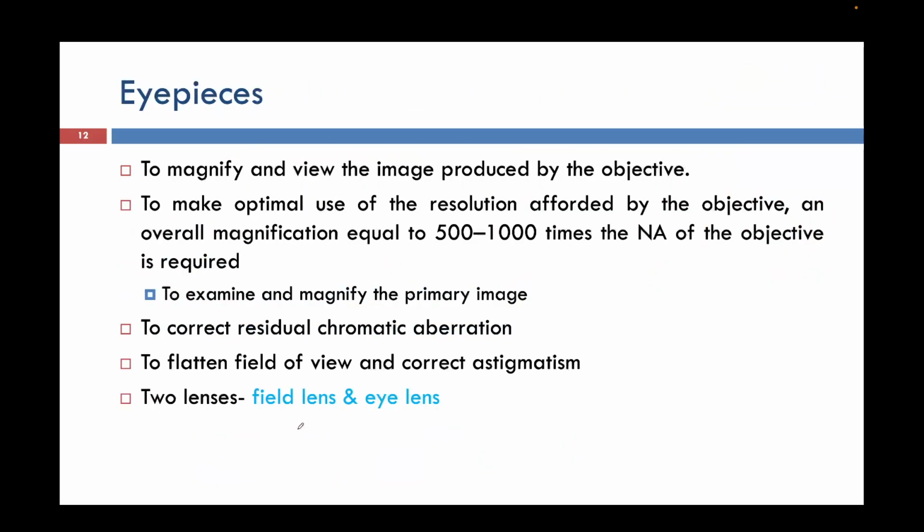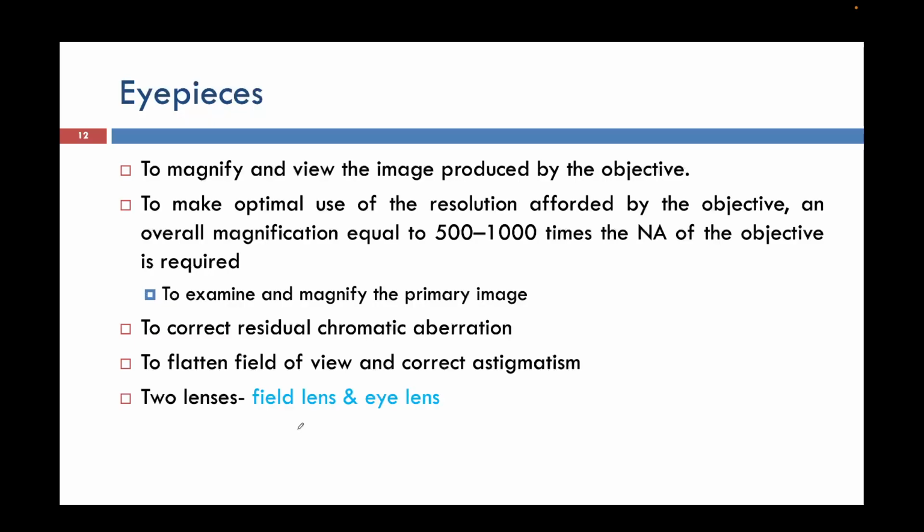And then come the eyepieces. So there are different types of lenses when we are talking about the light microscope. One is the objective lenses, which take all the light from the object and focus it to an image plane.